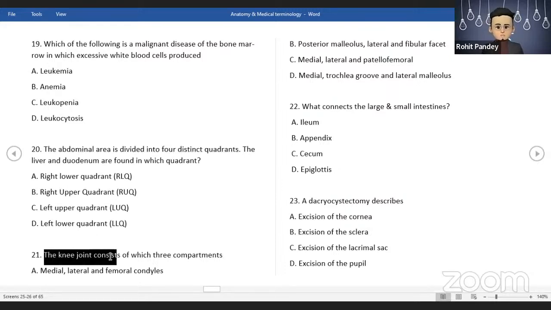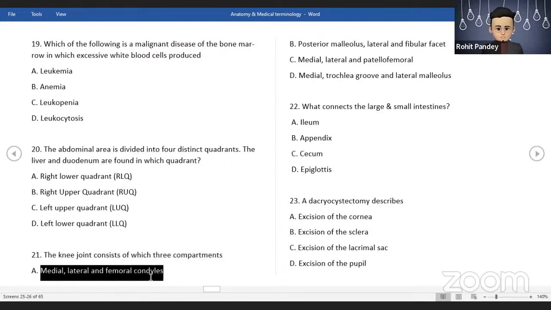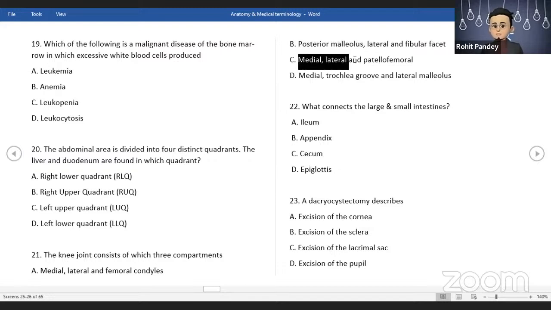Okay, the knee joint consists of which 3 compartments? A, medial lateral femoral condyles. B, posterior malleus lateral and femoral facet. C, medial lateral and patellofemoral. D is medial trochlear groove and lateral malleus.